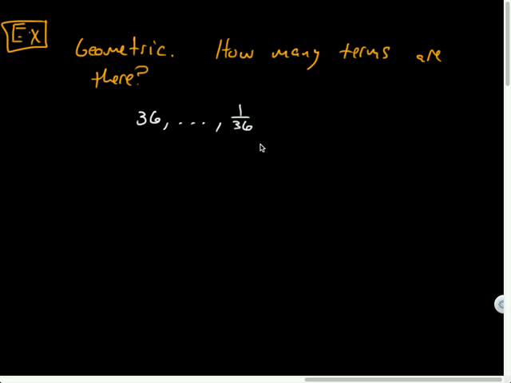Now, it wouldn't have to be as nice as this one ends up being. There's an unknown number of terms in between, I'm saying. Oh, I guess I do have to know the R value for that too, don't I?